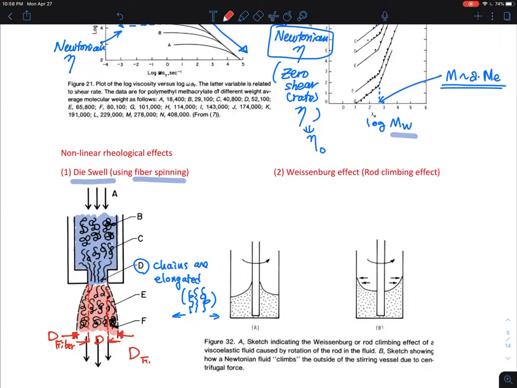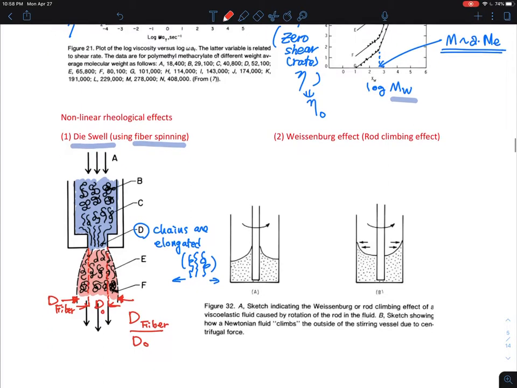So the fiber diameter divided by d naught, which is the original die diameter, that is the swelling ratio. And so you design your dies, and this is a die diameter.